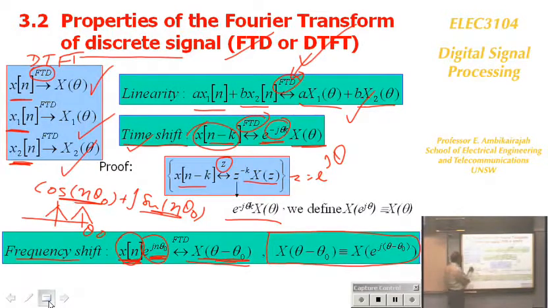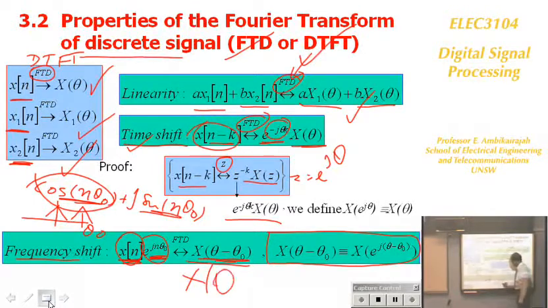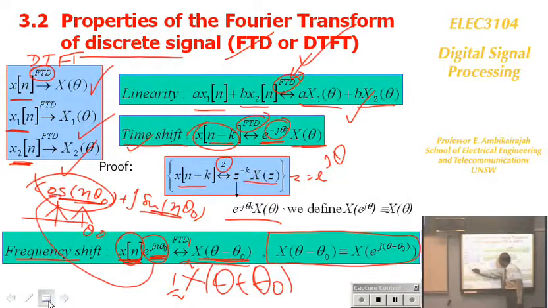When you multiply by cosine only, rather than this, which you should work out, you will find you have two shifts. One is X(theta minus theta naught), the other one is X(theta plus theta naught). And the amplitude would be half here and also half. That's only when this is replaced by only a cosine.